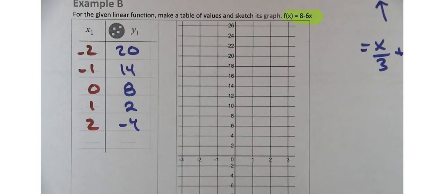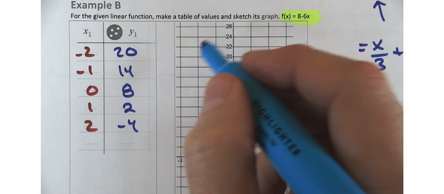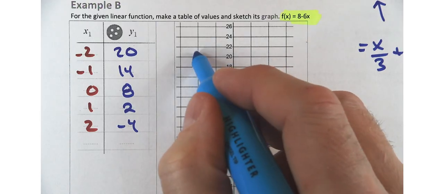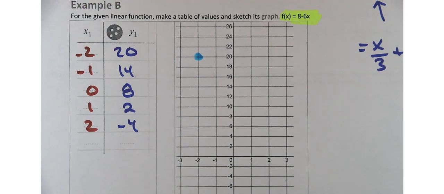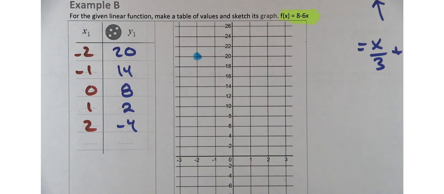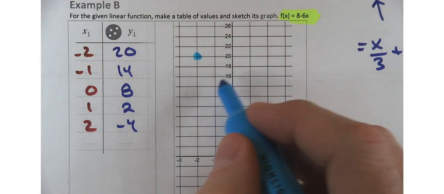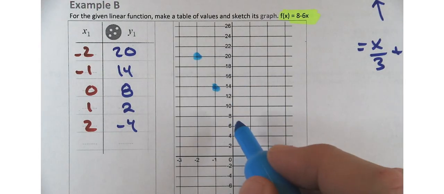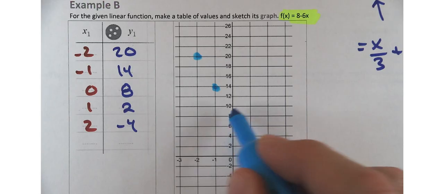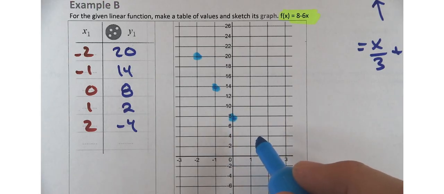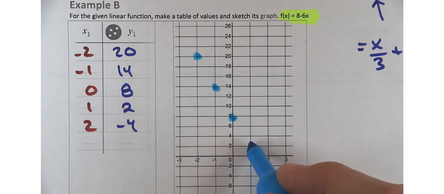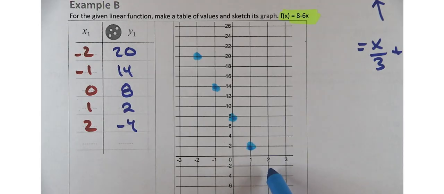So -2 and 20, that's going to be all the way up here. And then I have -1 and 14, so it's going to be this one here. Then 0 and 8, 1 and 2, and 2 and -4.